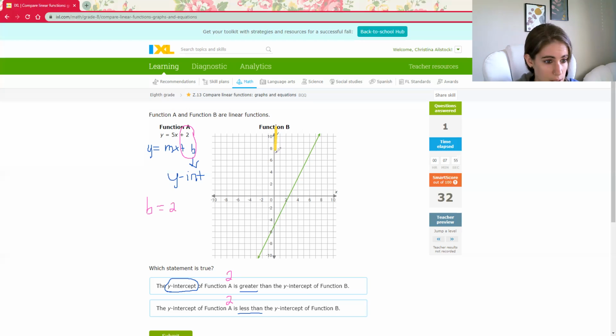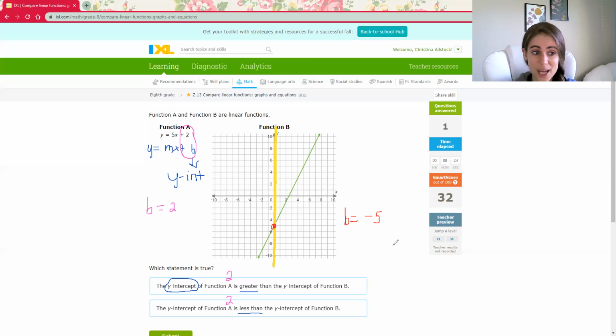So here's our y-axis. Wherever my green line intercepts that, that's the y-intercept. And it intercepts the y-axis right here, which, if that's between -4 and -6, means it's a -5.